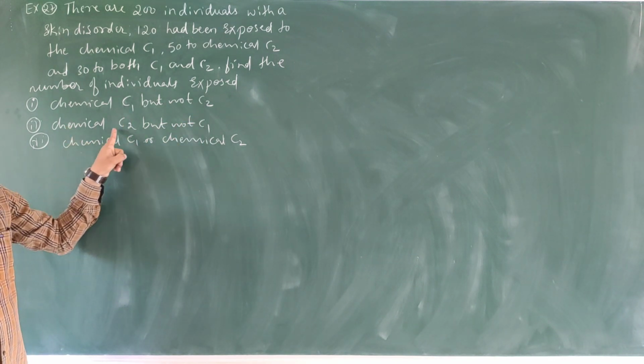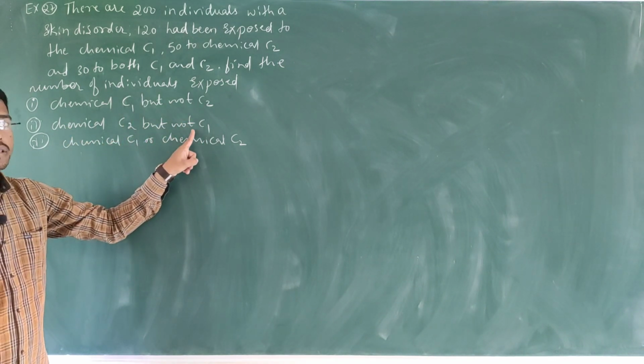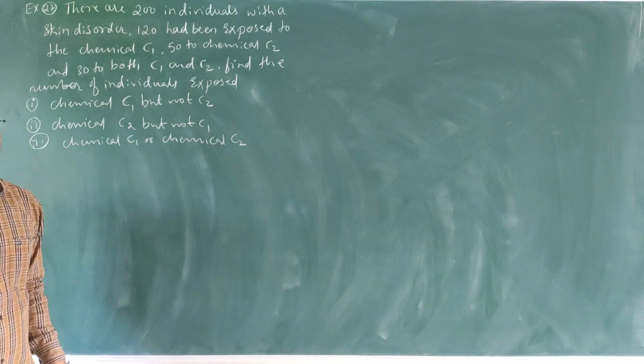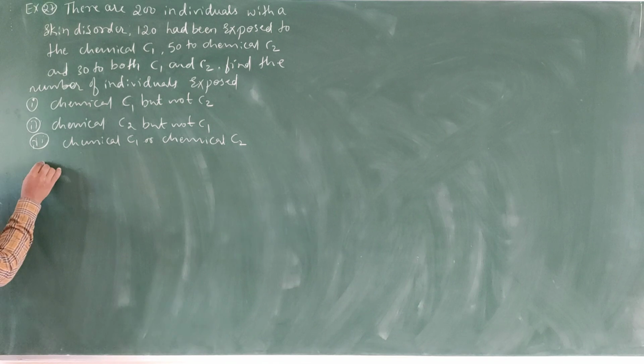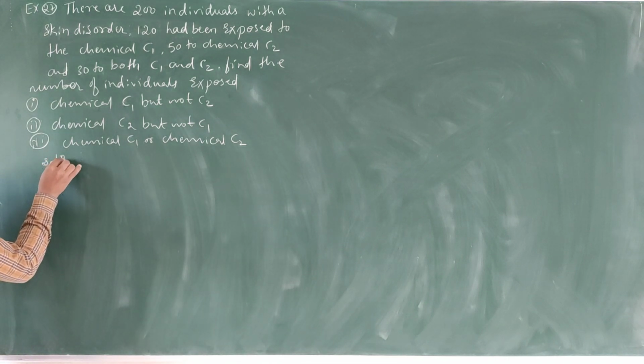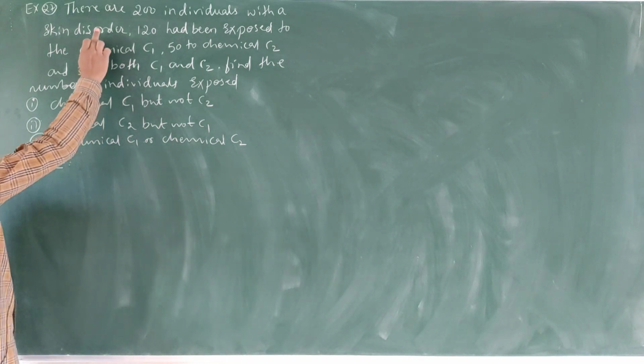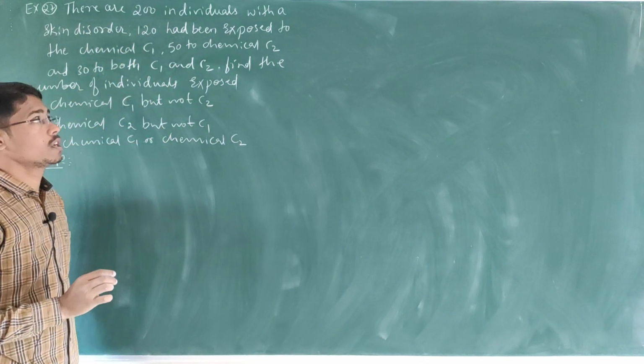Second one is chemical C2 but not C1, and third one is chemical C1 or chemical C2. So there is a little difference in the question from the previous questions. There are 200 individuals.